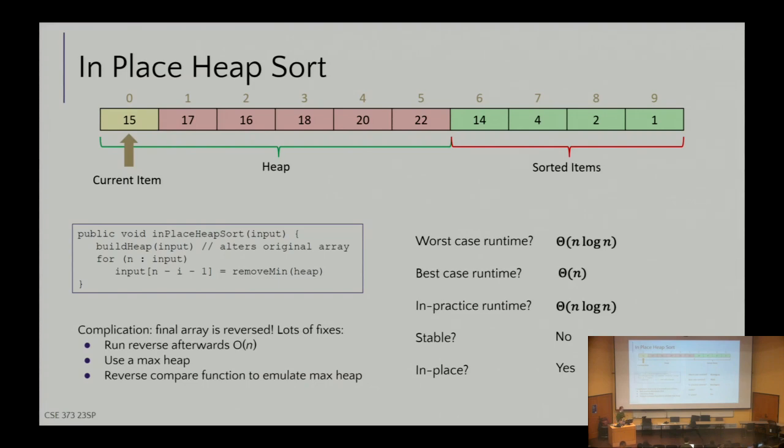Yeah? How is heap sort different from... That's a good question. How is heap sort different from selection sort? It has the same idea of selecting the minimum value, but the way that we order things after we do that is different.